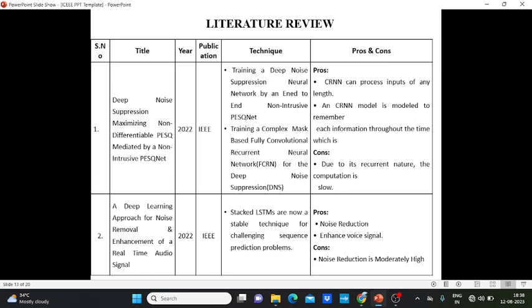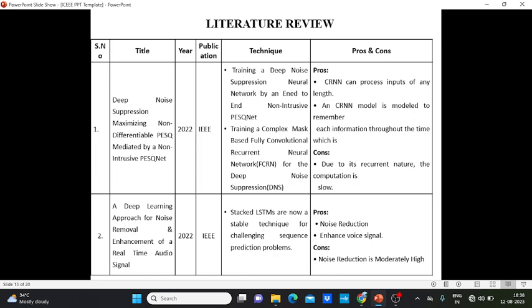In this paper, I got some points, some advantages and disadvantages. The RNN model remembers information throughout time, so it can process inputs of any length. The drawback is that, due to its recurrent nature, the computation is slow.